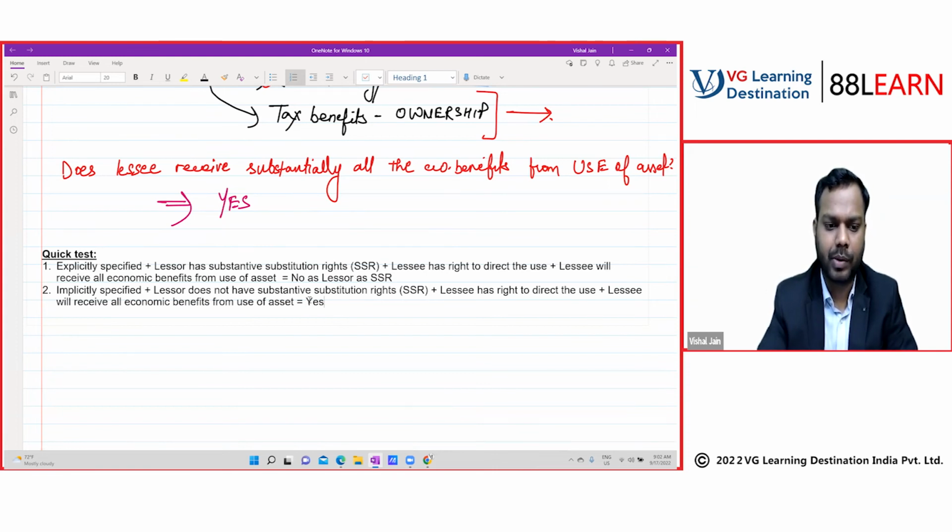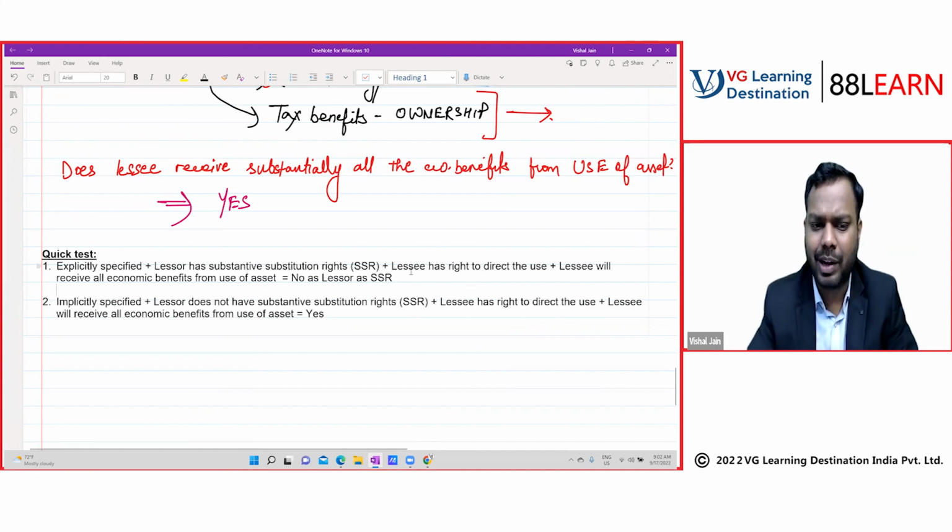Yes. Now tell me whether the asset is explicitly specified or implicitly specified. Does that make a difference? Doesn't matter, right? Doesn't matter.